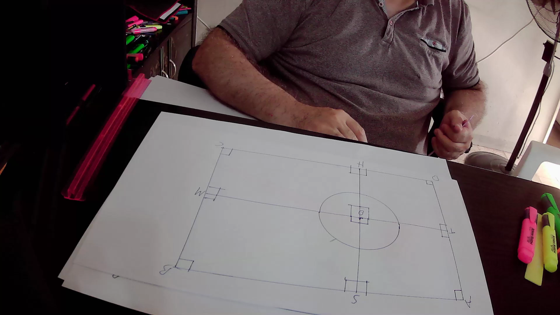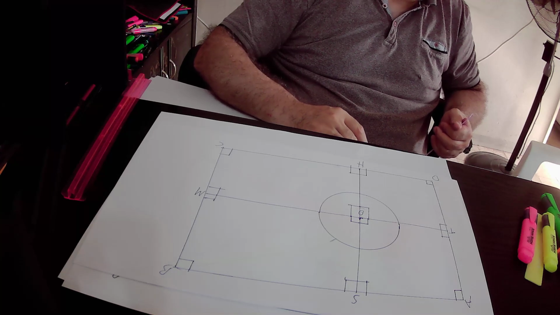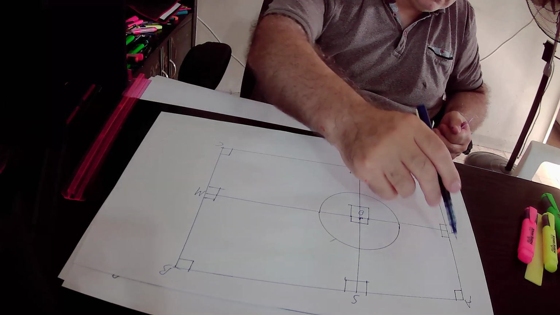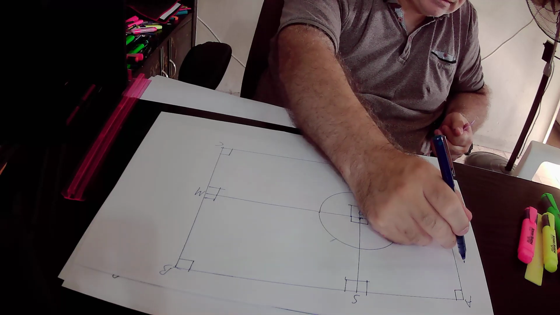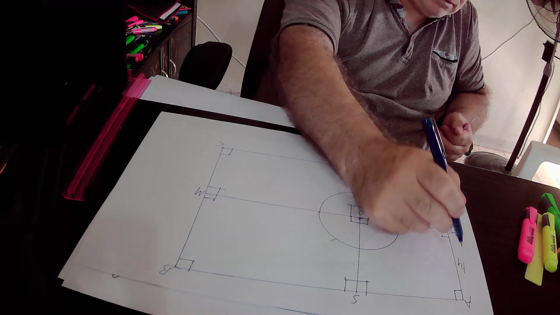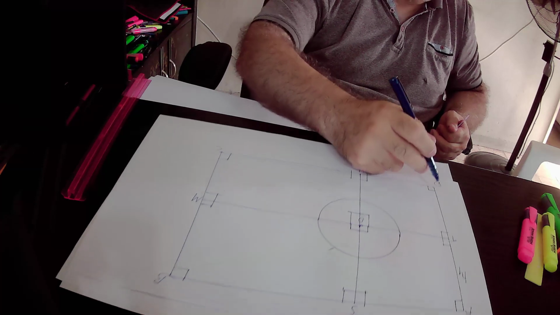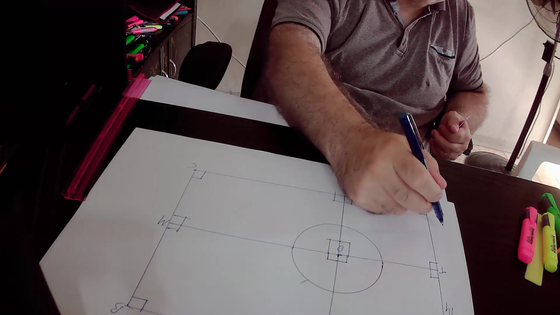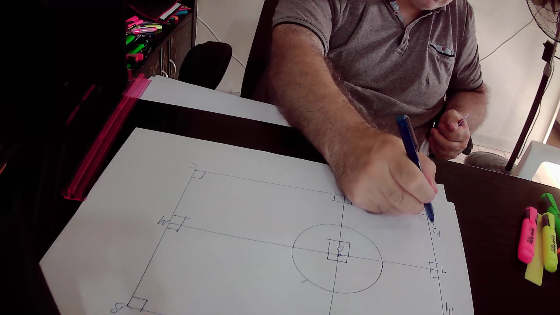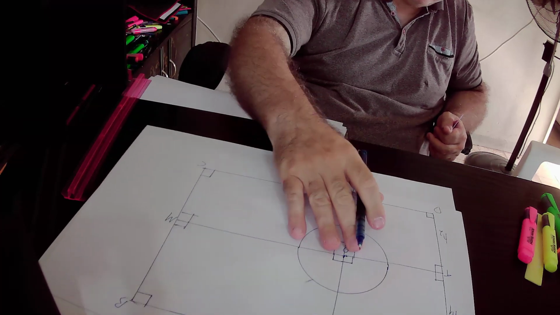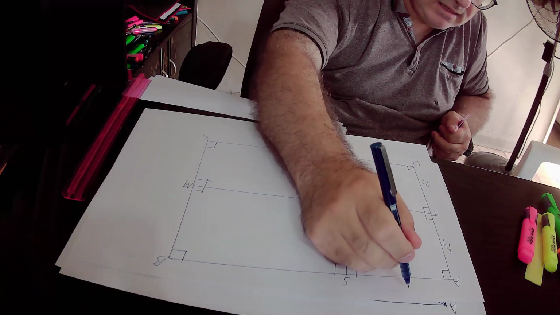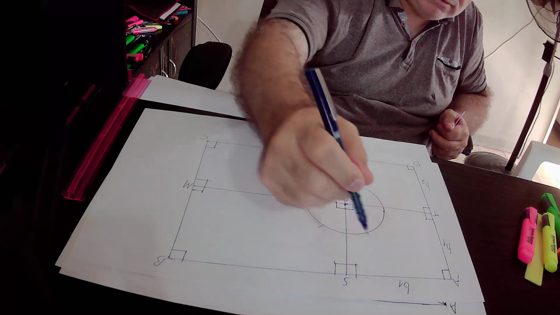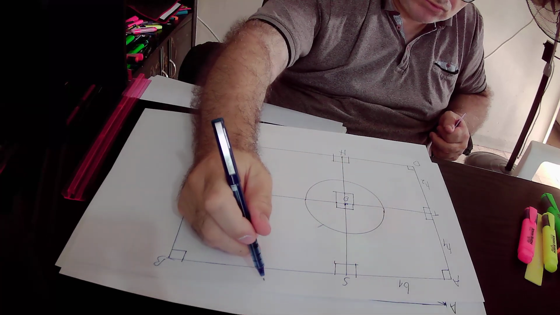Okay. In the next step, we will define side AT as H1. We will define side TD as H2. We will define side AS as B1. And we will define side SB as B2.